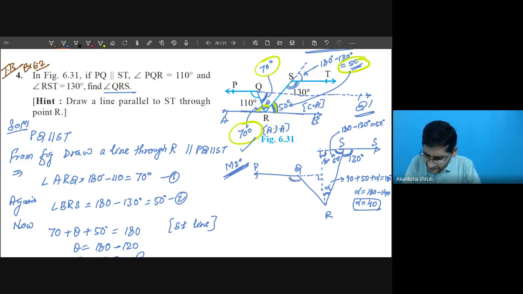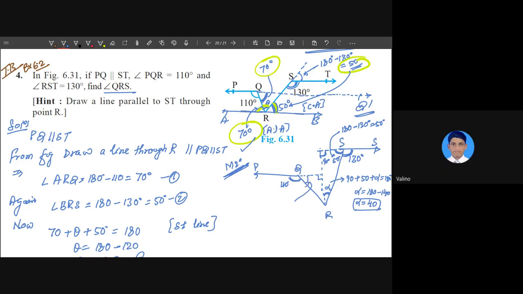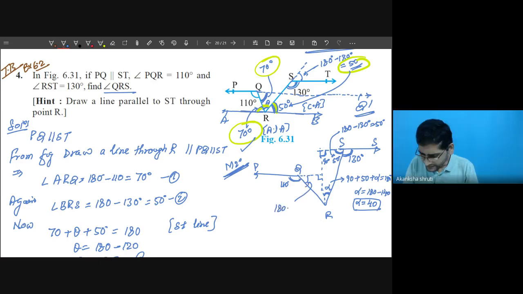Similarly, the other side given is 110 degrees. Student, from this 110 degrees, can we calculate this one? Surely we can. How? 180 minus 110 is 70 degrees. Now in this case, this angle is 70 degrees.